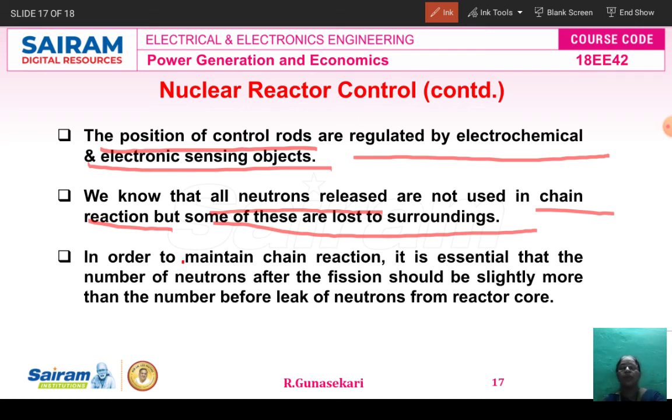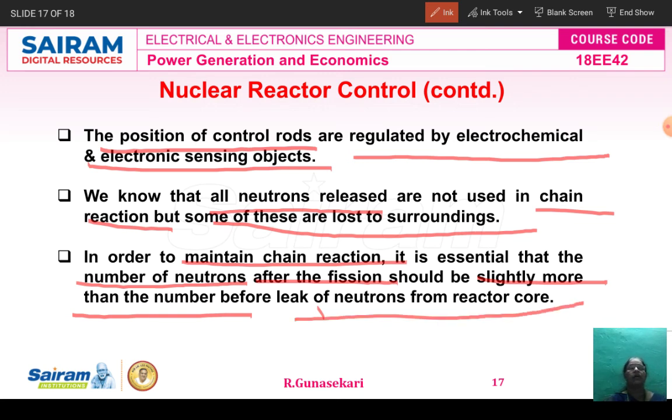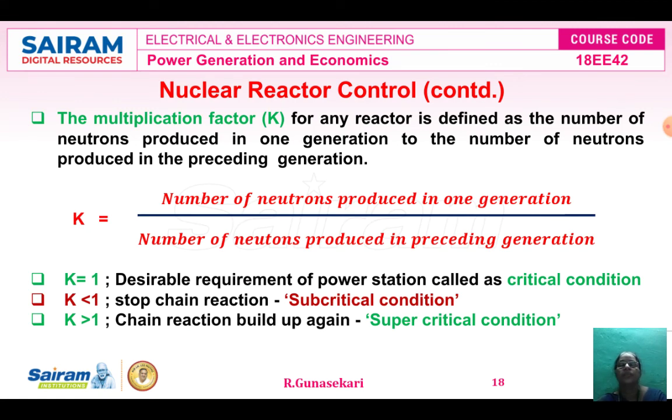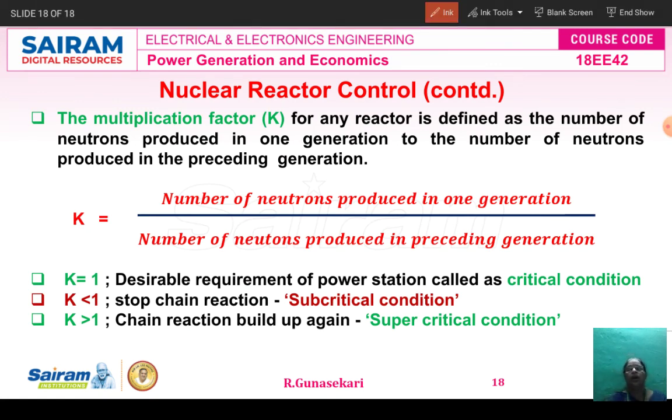In order to maintain the nuclear chain reaction, it is essential that the number of neutrons after the nuclear fission process should be slightly more than the number before the leakage of neutrons from the reactor core. Then how to calculate that? That is the multiplication factor.